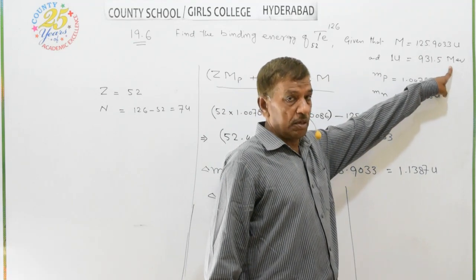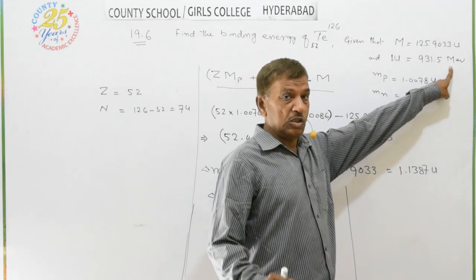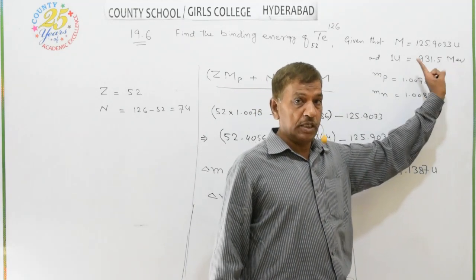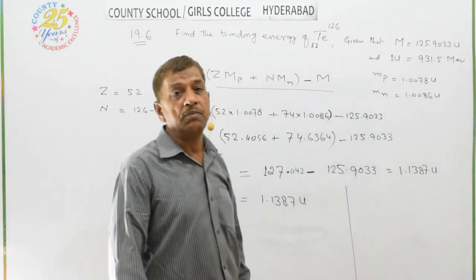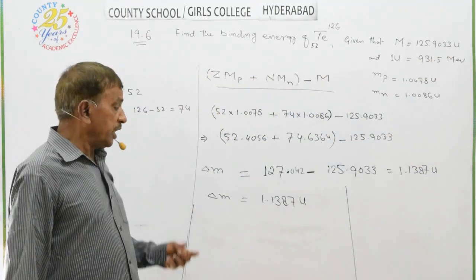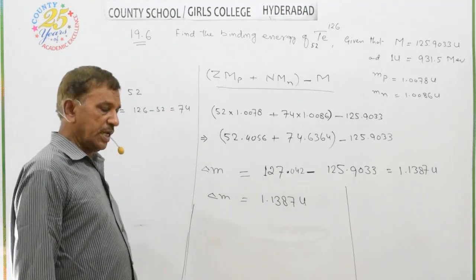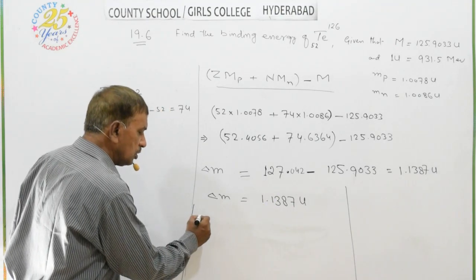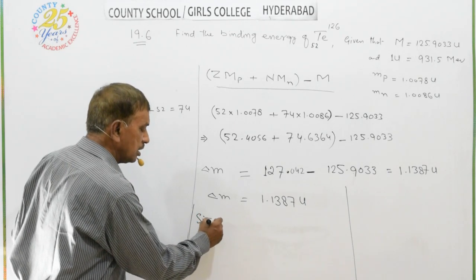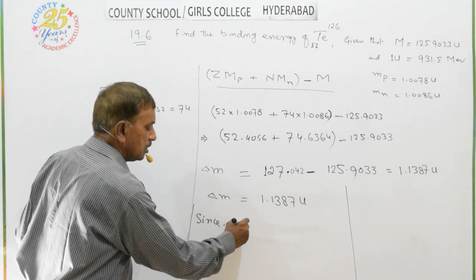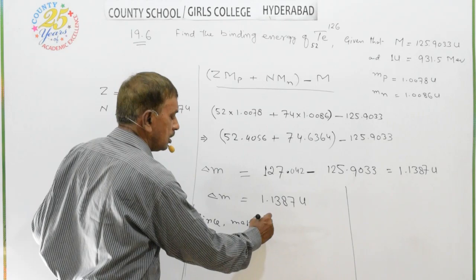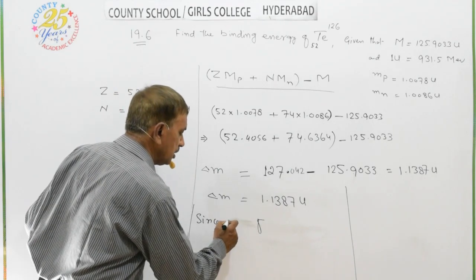In this problem, we are given that the energy obtained from 1 U is 931.5 MeV. But the mass to be converted is 1.1387 U.